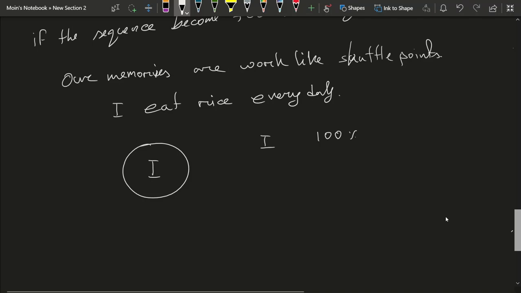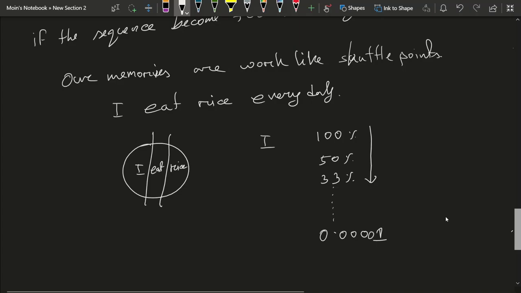And after that, as we provide our next sequence, the memory is divided with a space of 50%, then if I move forward and we have eat and then rice, our memory shrinks to 30%. So after a certain amount of time, the memory will consume it to 1% or a little bit more, which is less significant.